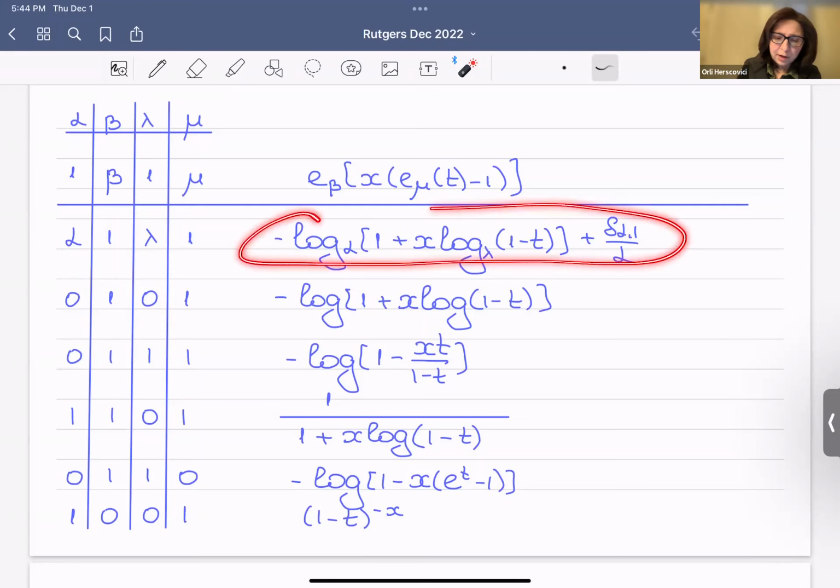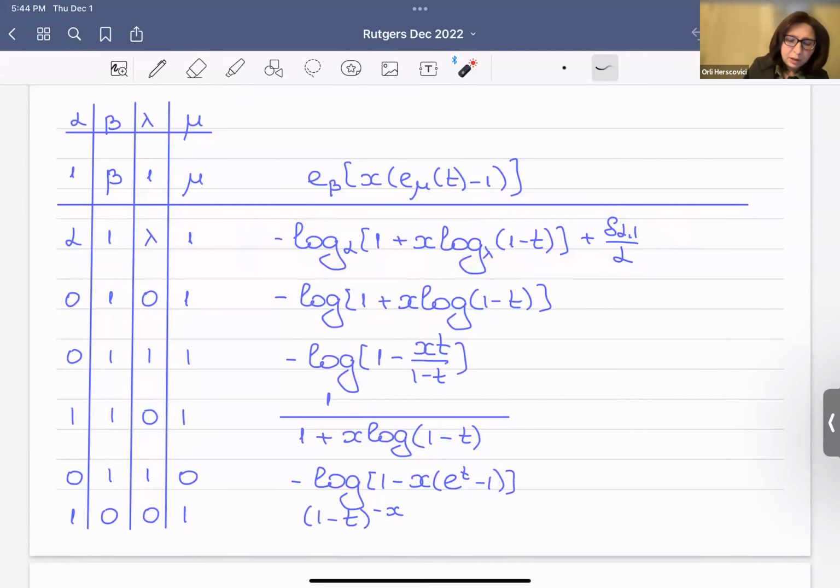This will be the generating function with those parameters. But now applying different values for our parameters, we will obtain generating functions with 2 logs, 1 log, another 1 log, and an exponential function. And this one also appears here, the last one, corresponds to values of 1, 0, 0, 1.